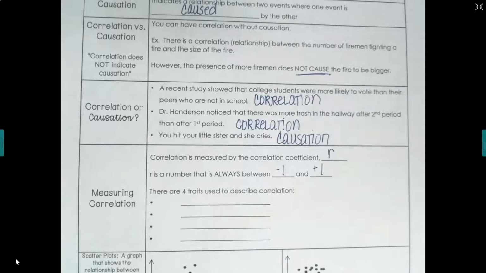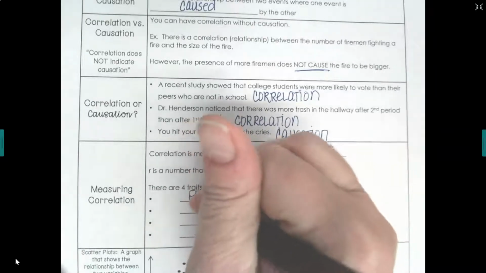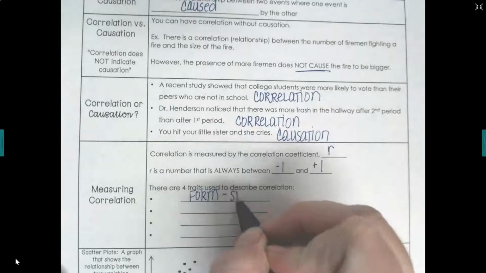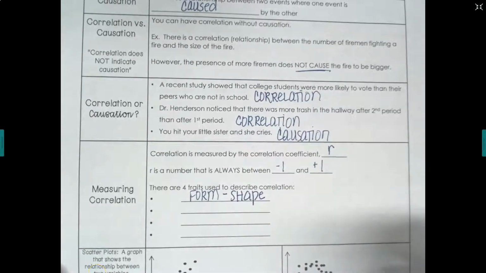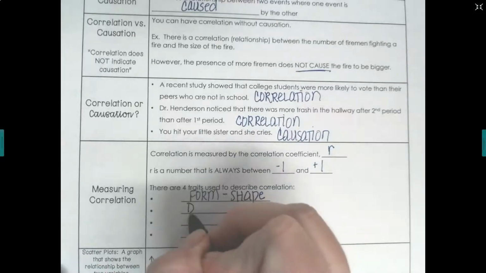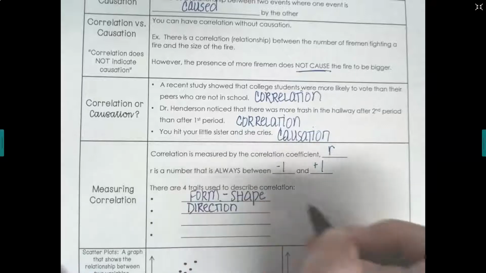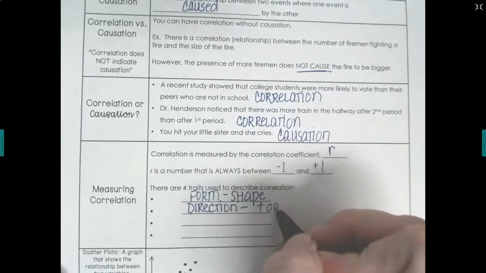Okay, so there's four things when you're asked to describe the correlation that you need to take into account. You need to think about its form, which is just its shape. What shape is the data? Okay, the direction. Does it look like it has a positive slope or a negative slope?